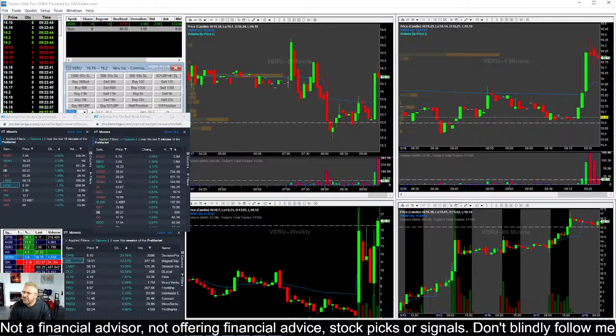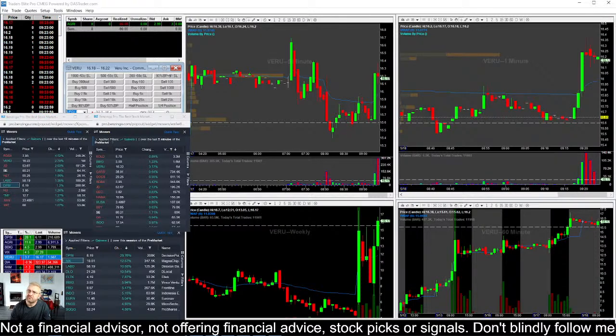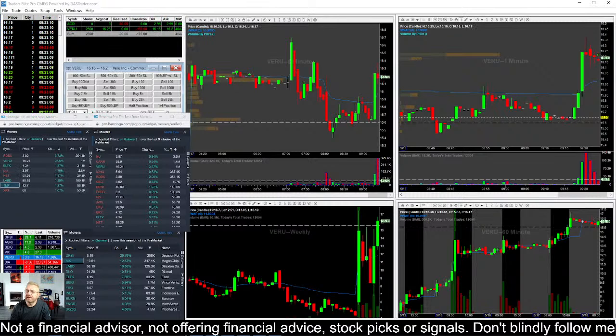The wider market's having a bit of a sell-off. A little bit of a bull flag formation here. And I got in there a little bit too early. I was looking for the break of the $0.25. A little bit trigger happy on VERU.